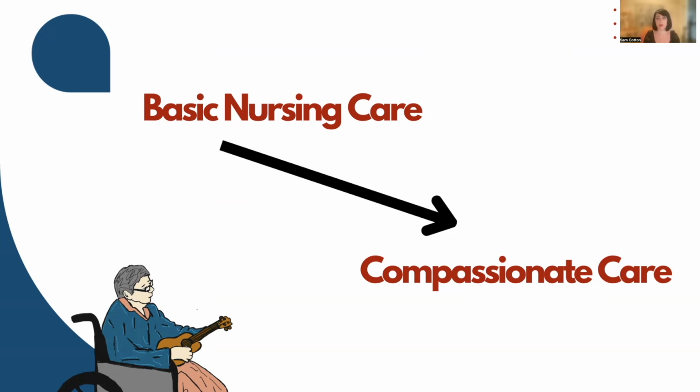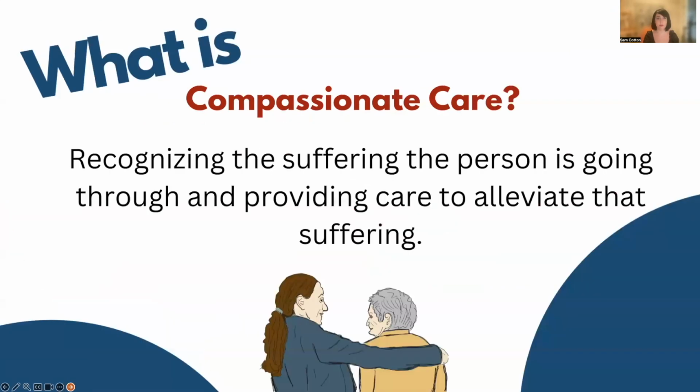And so introducing compassionate care can really elevate those basic activities of daily living that we're doing. And as we go through the subsequent modules in this training, I think you'll see how you can apply some of these compassionate care tips in doing some of the basic care that you're providing to the person with Alzheimer's disease or other types of dementias.